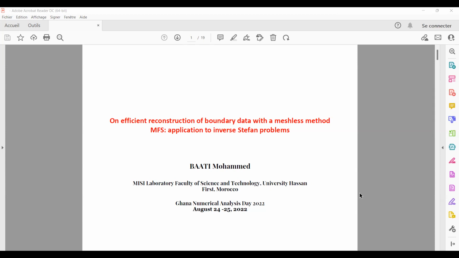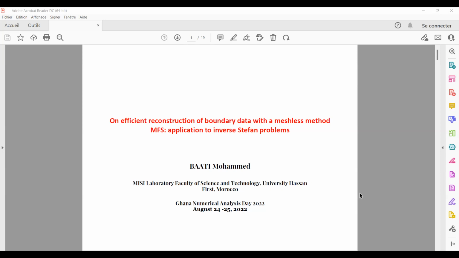Donc, on va présenter an efficient reconstruction of boundary data with the meshless method application to inverse Stefan problem one dimensional.